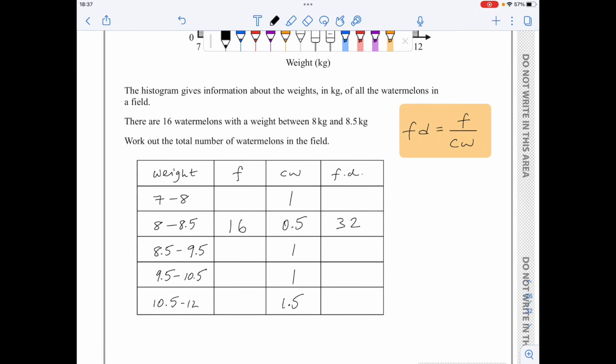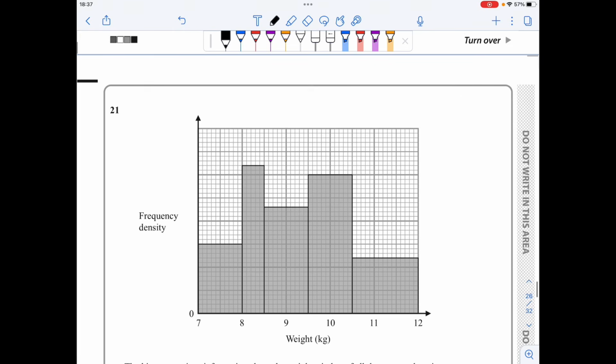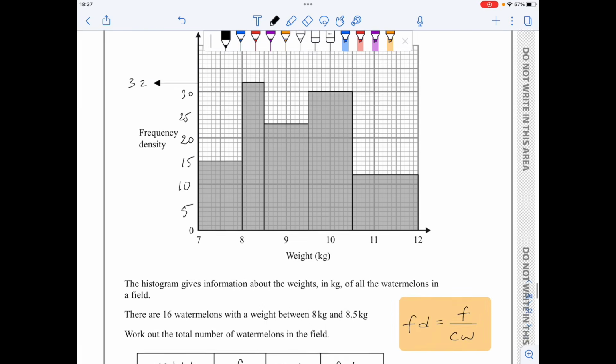So if I go to my histogram, this height here is 32. So now I can complete the vertical scale. That's 5, 10, 15, 20, 25, 30. So for each bar now, I can read off their height and complete the frequency density column.